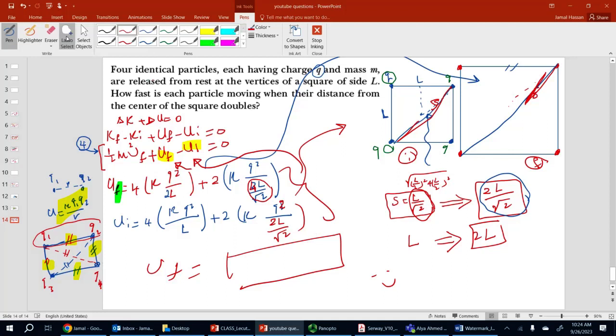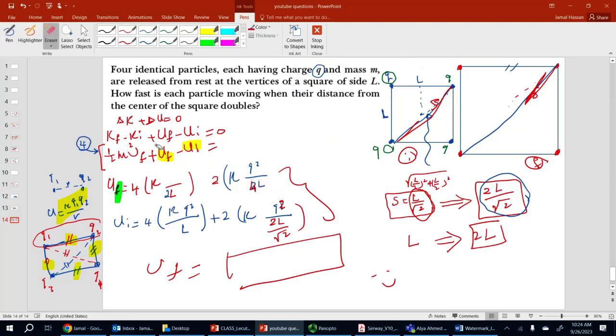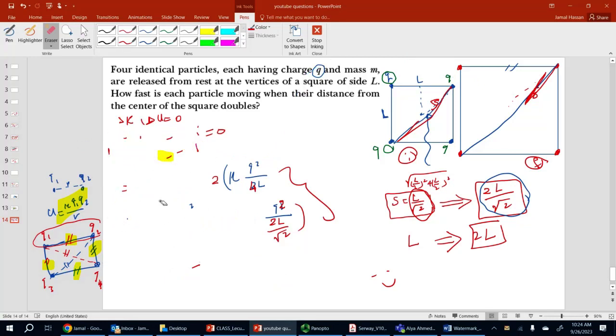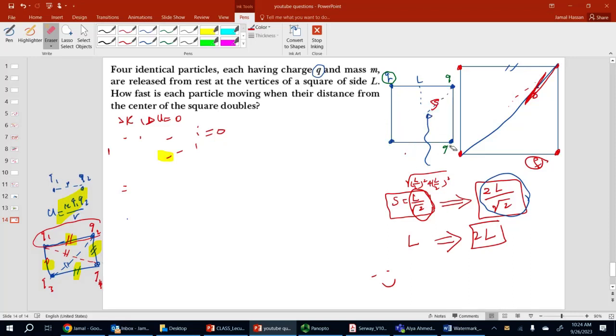Okay, so I might maybe repeat this because this is important. So that was the solution for this. And I just would like to repeat the calculation of the potential energy for 4 charges, just to make things clear.